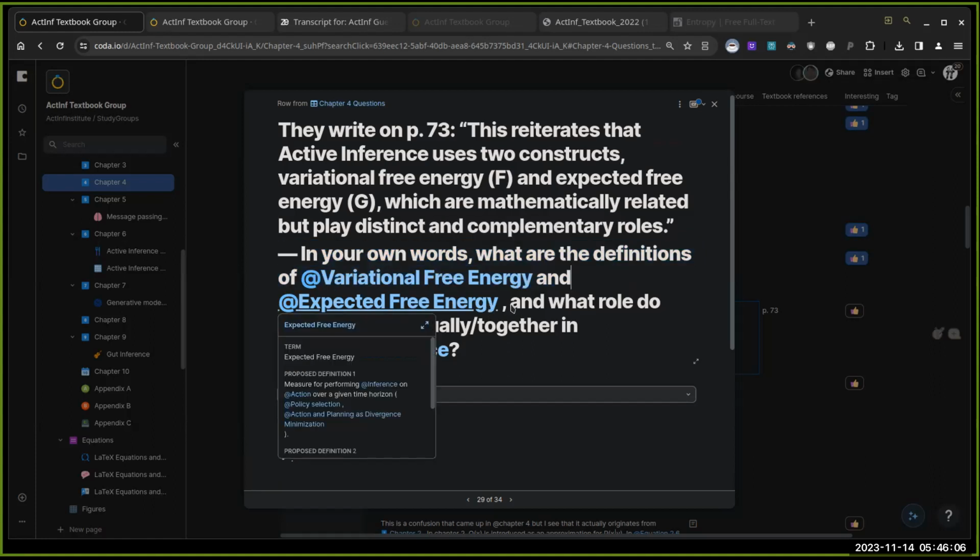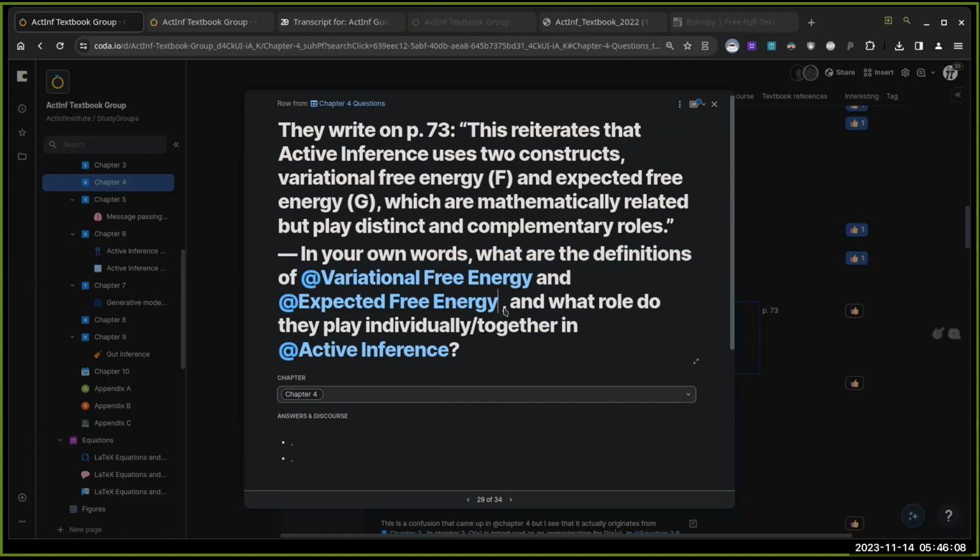Expected free energy transposes that setting and that variational Bayesian approach into counterfactuals of futures that haven't happened yet. So expected free energy considers sequences of possible observables that could happen conditioned upon different actions that the entity has the agency to select amongst affordances.